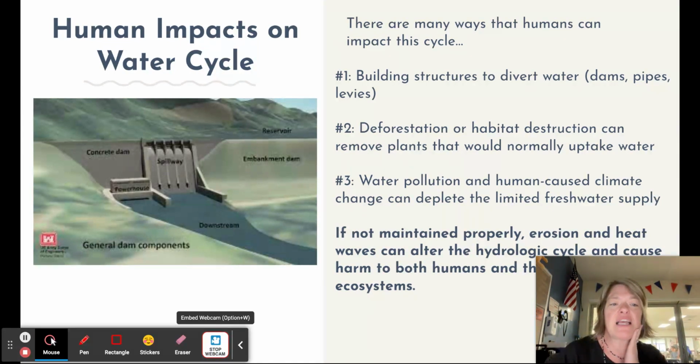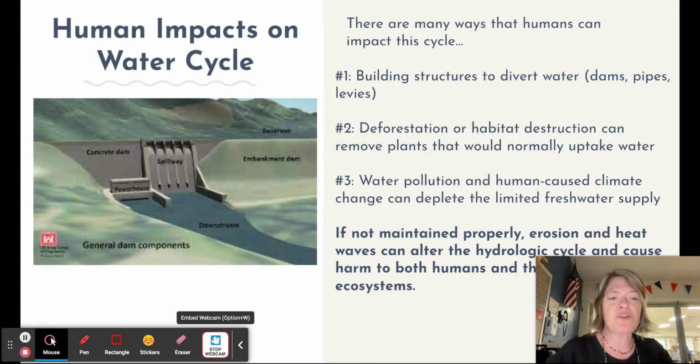And then lastly, water pollution and human-caused climate change can actually deplete the amount of limited fresh water that we have. So if we pollute water badly enough, there comes a point where we can't filter it anymore, or it's so expensive to filter it that it's not really a feasible way to get fresh water anymore.